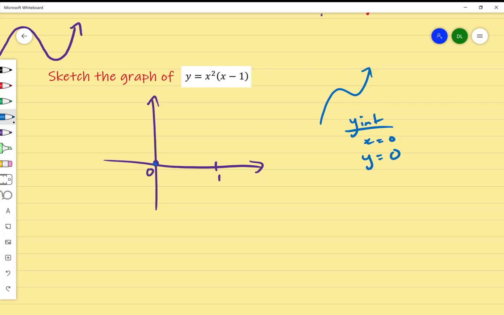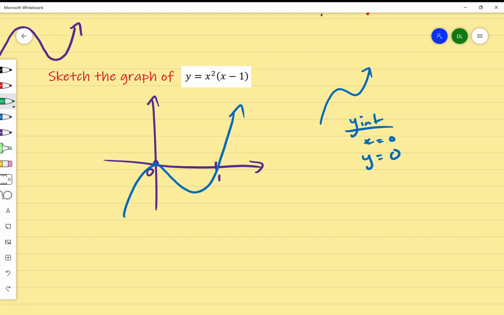Okay. Here's the thing about repeated factors. If it's a repeated factor, it's kind of symmetrical on both sides. I'm going to draw this graph out so you can see what I mean. You can see that when y is x squared, it's symmetrical and it goes up and then comes back down over here.